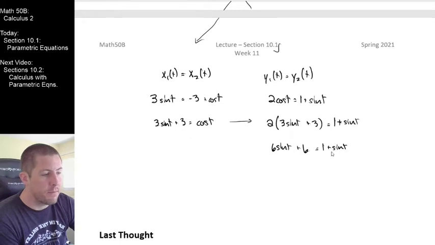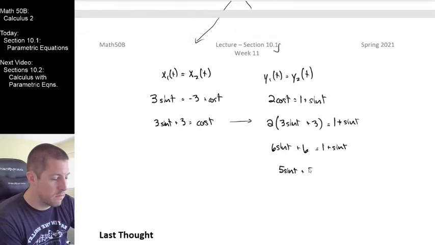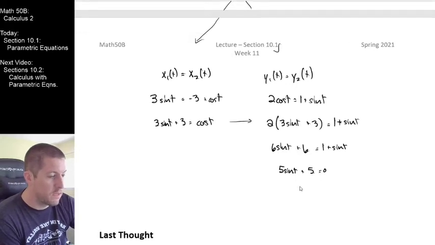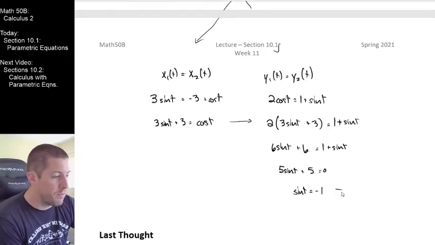And I'm going to subtract both these over. I'm going to get 5 sine t plus 5 equals 0. Clearly, sine t is equal to negative 1. And therefore, we should be getting that t equals sine inverse of negative 1.